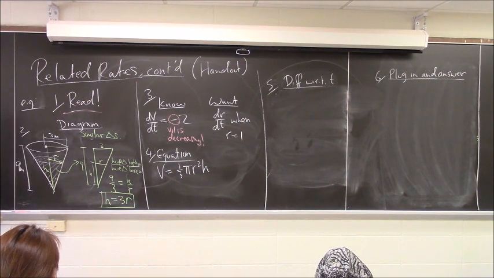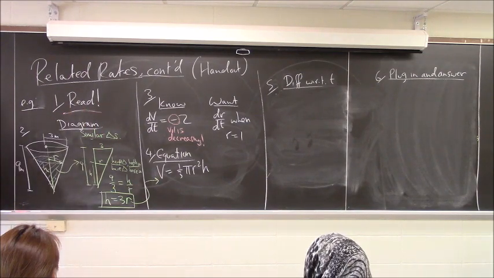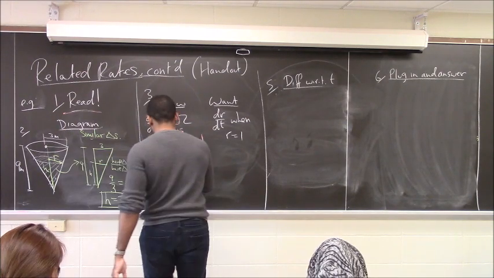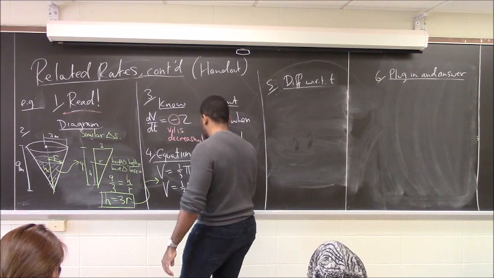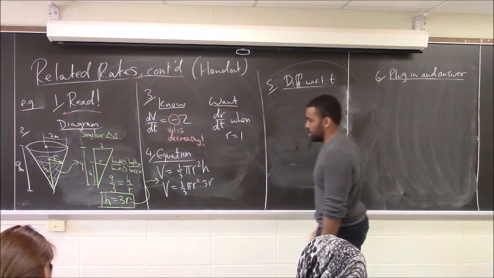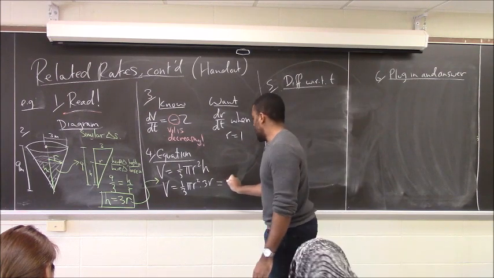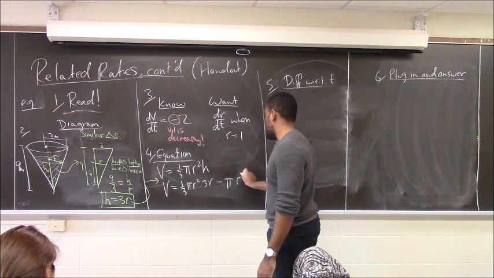So what we're going to do is apply that here. We're given an equation that wasn't the best form for us. We can now rewrite this with H as 3R. In other words, our volume for this particular cone is pi r cubed.